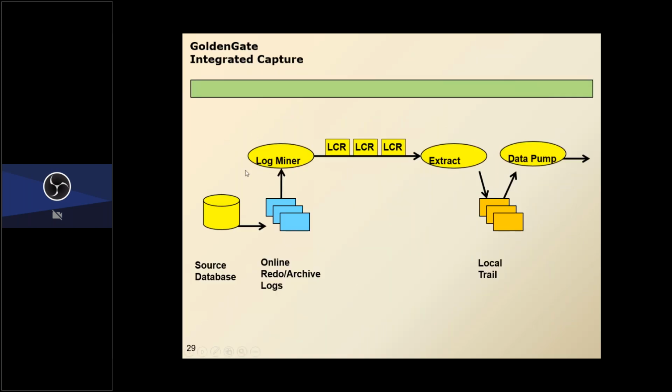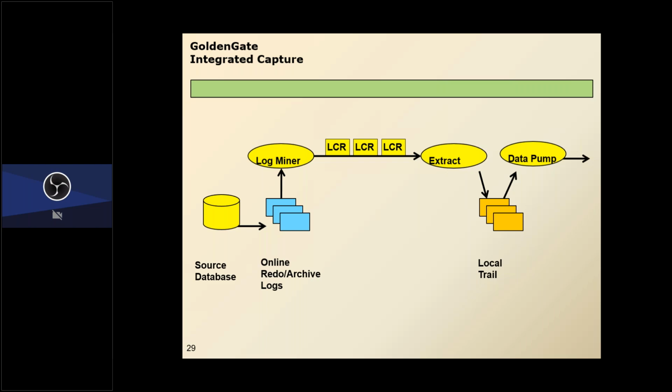Here you have one more layer of log miner in between, right? So how can integrated extract performance be faster than classic, when it has one more layer of log miner in between? Guys, mind you, I have seen that personally. I'm not going by Oracle's words. I have tested it personally.